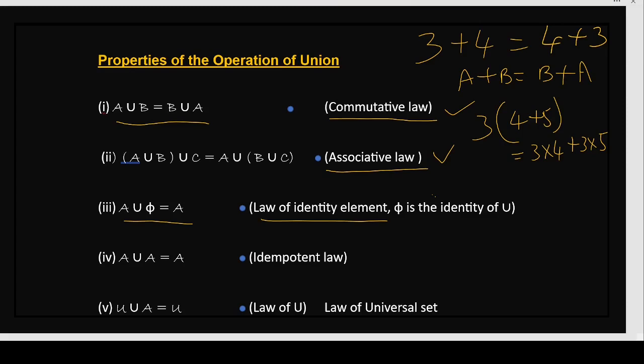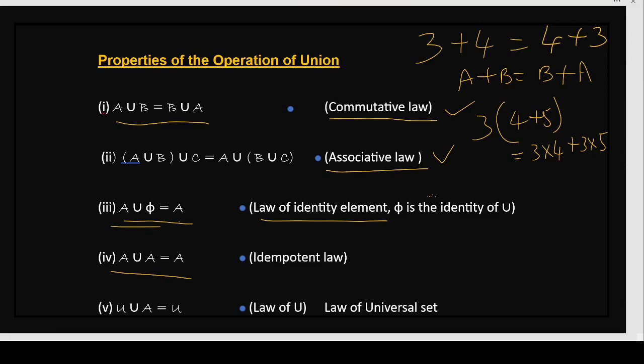Because A is a set and phi is another set with no element in it. If we add that set to A, it becomes what? Then it becomes set A only because no additional elements are added to it. Fourth law is A union A. Means you are adding a set to itself.